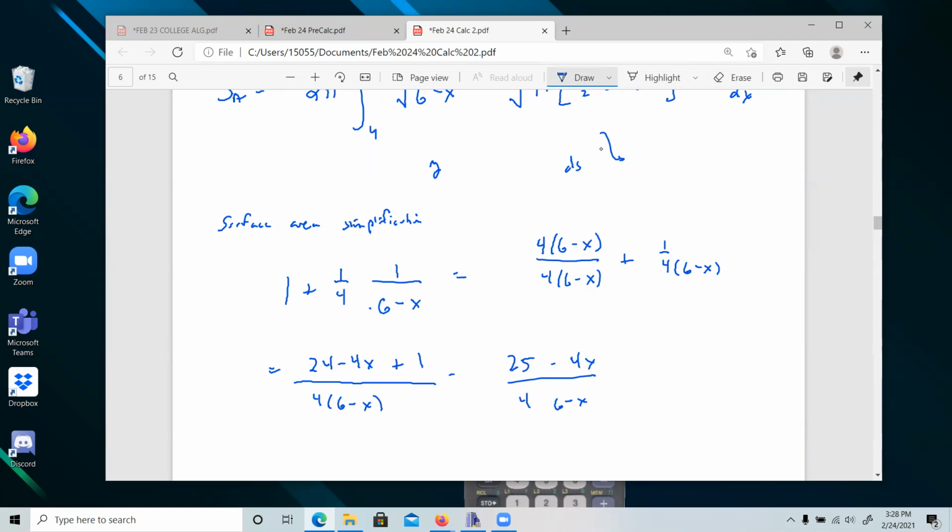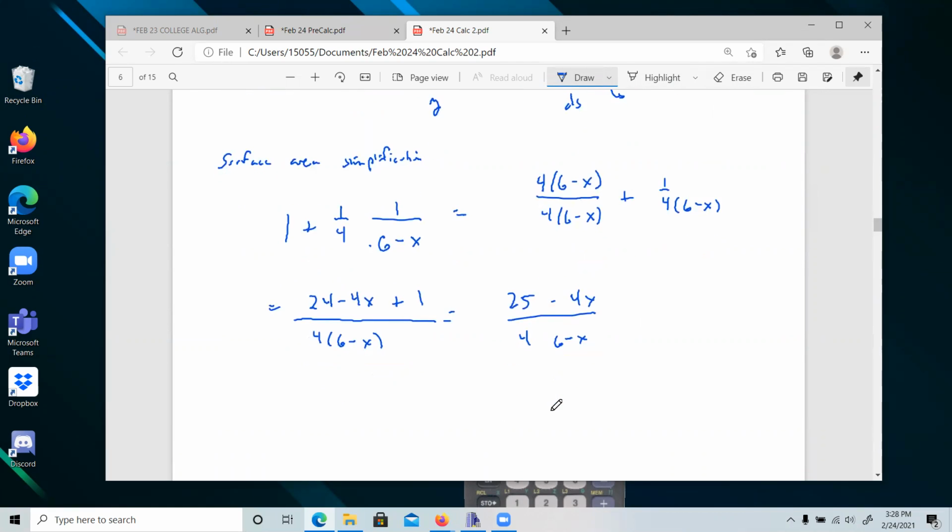All right, but all of this is inside of a square root. Okay, so that's something to remember. So what I can say is that this is equal to 25 minus 4x times 1 over the fourth root of 6 minus x. All right, so back to original.